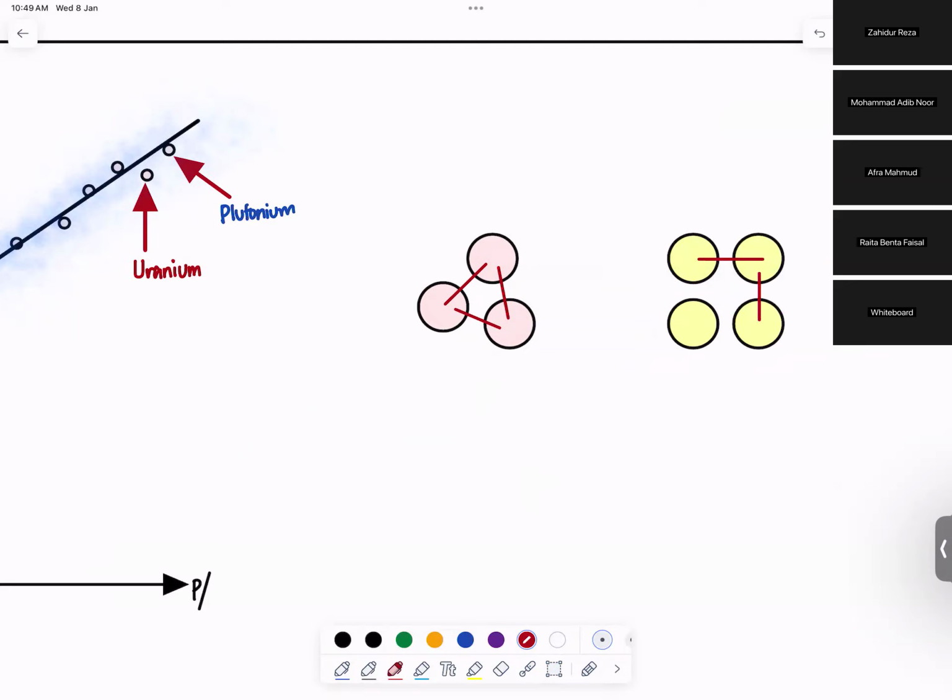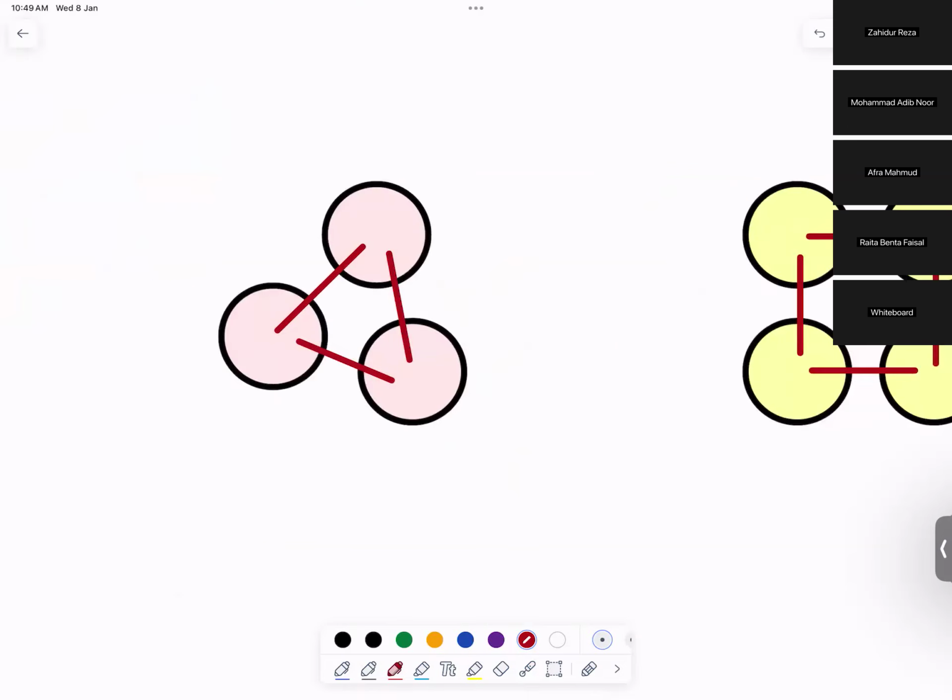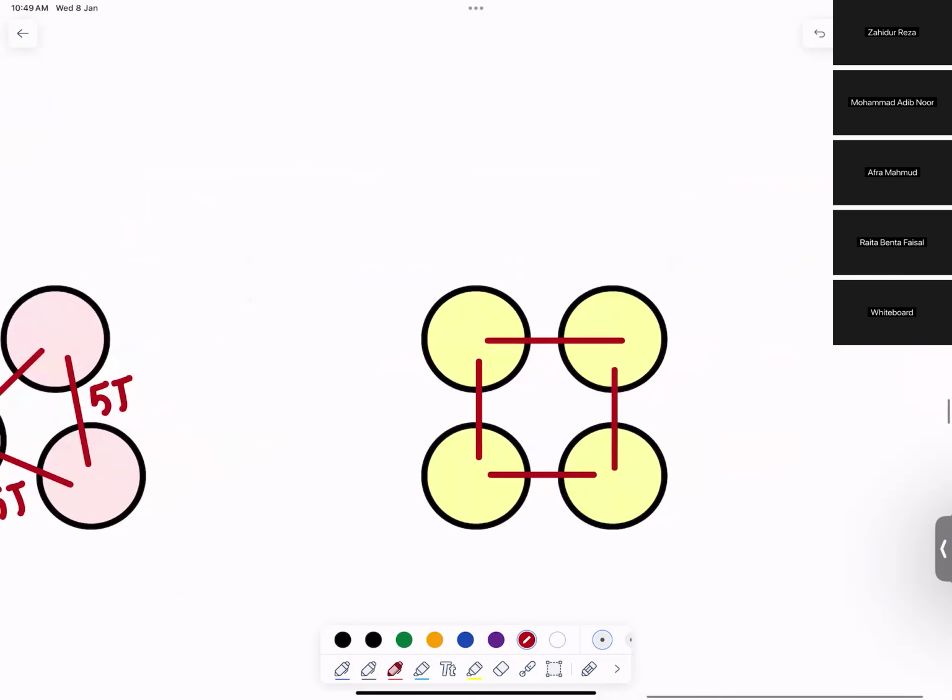It's a very oversimplified version, but it's needed for understanding, okay? Now the energy here is 5 joules for every bond, 5 joules, 5 joules. And the energy here is 4 joules, 4 joules, 4 joules, 4 joules, because it has four bonds, right?